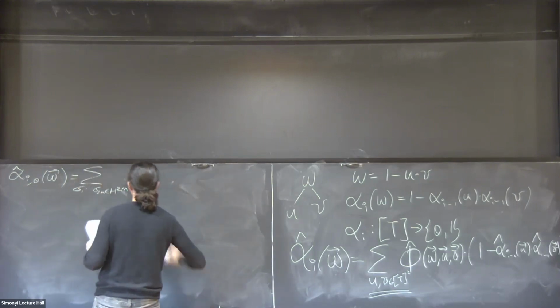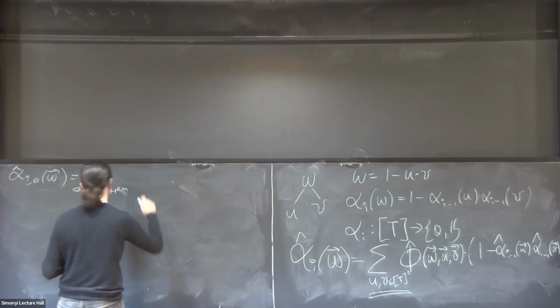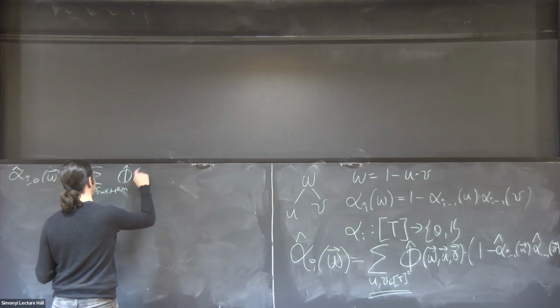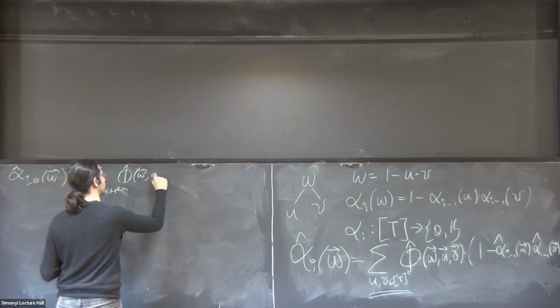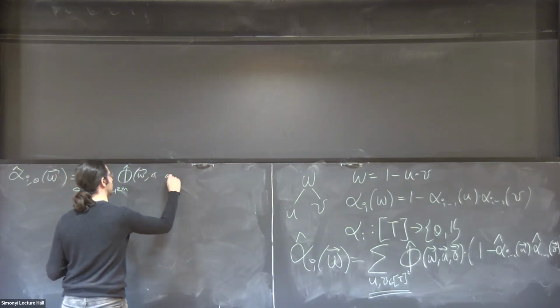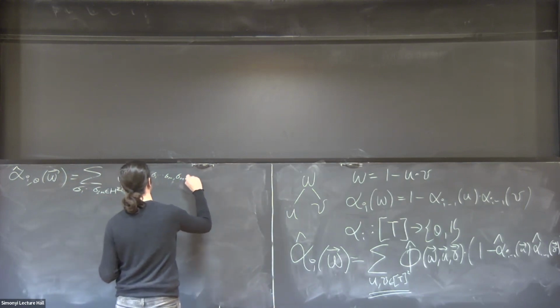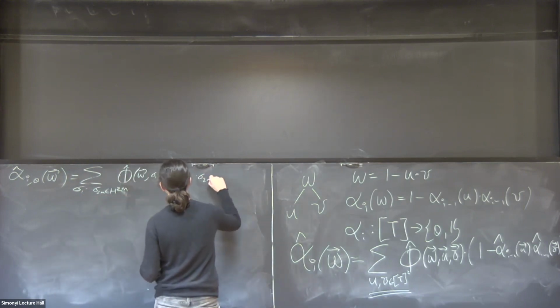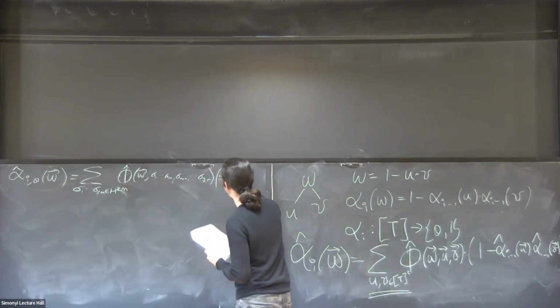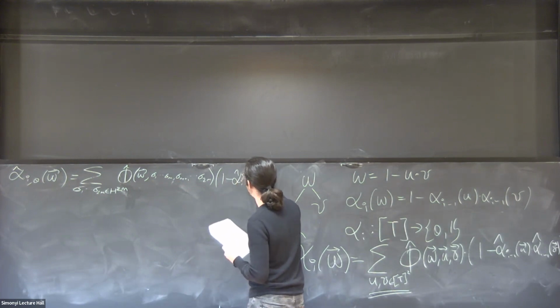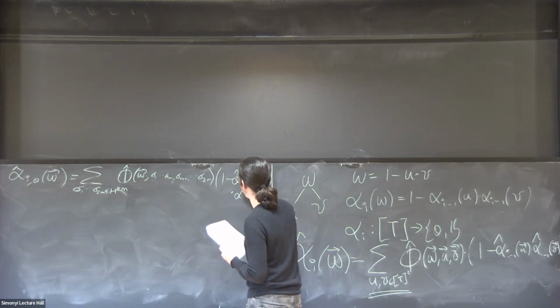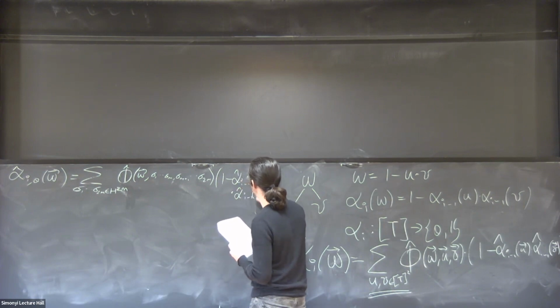No, let me write it down for the first time in completeness, and then it will be phi hat of W, sigma 1 up to sigma m, sigma m plus 1 up to sigma 2m, and then 1 minus alpha hat I minus 1 of sigma 1 up to sigma m times alpha hat I minus 1 of sigma m plus 1 up to sigma 2m.